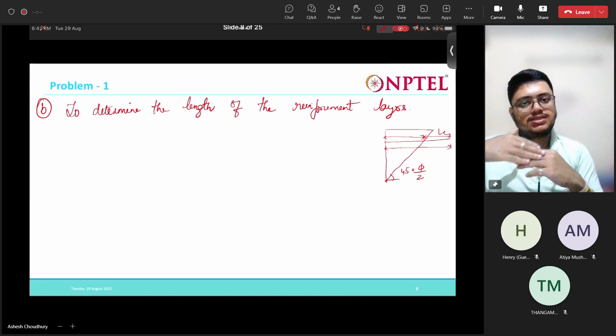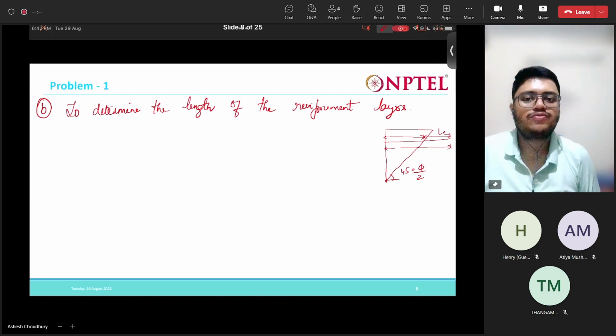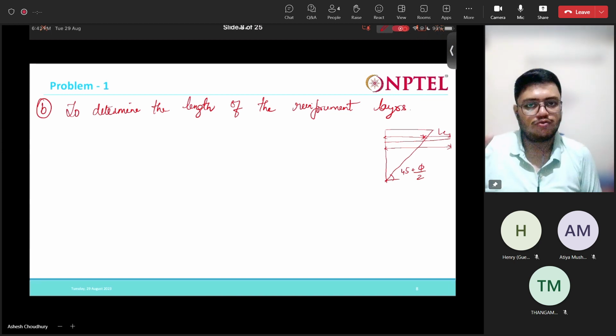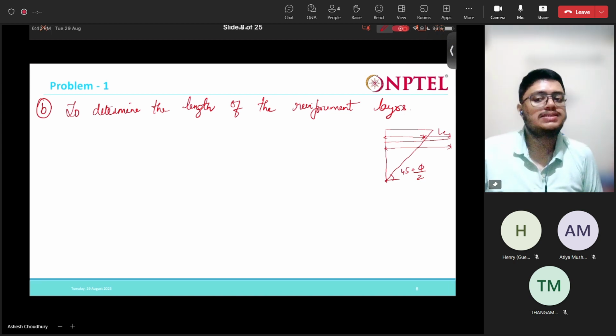The shear force that is mobilized should be enough to resist the pulling out of the reinforcement. Okay, the shear force that is mobilized at the interface of the reinforcement, that is the geotextile, and the soil, the backfill soil, should be enough to resist the what?